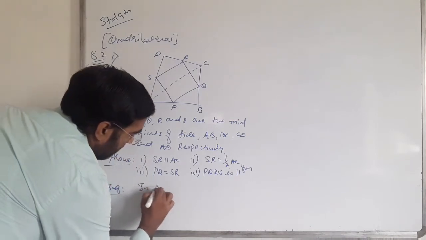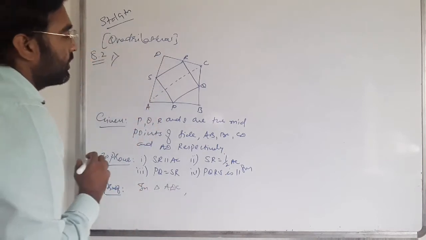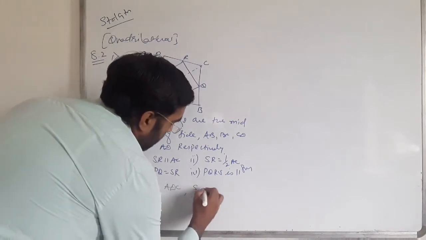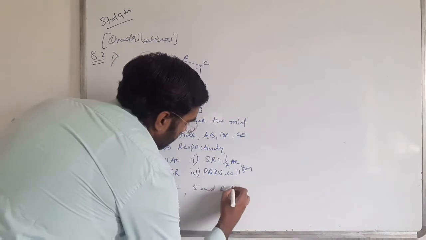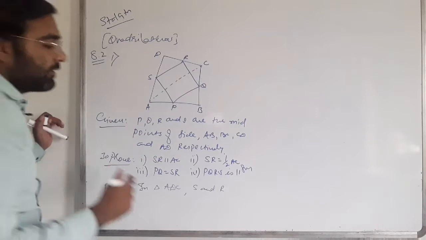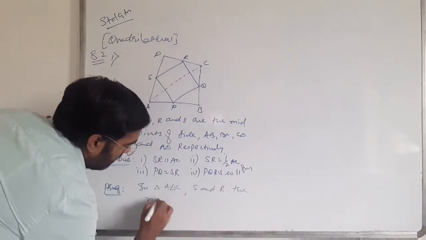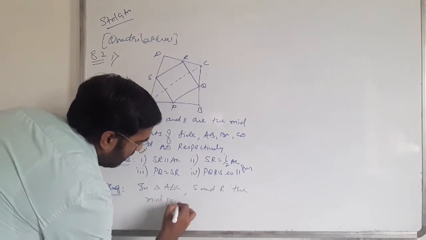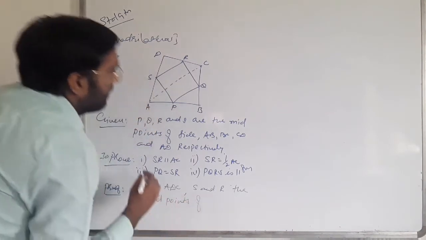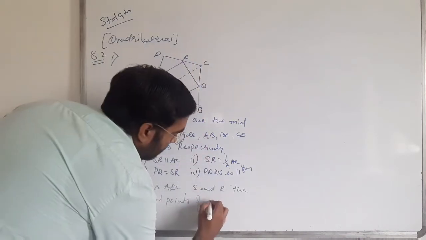In triangle ADC, S and R are the midpoints of AD and CD.